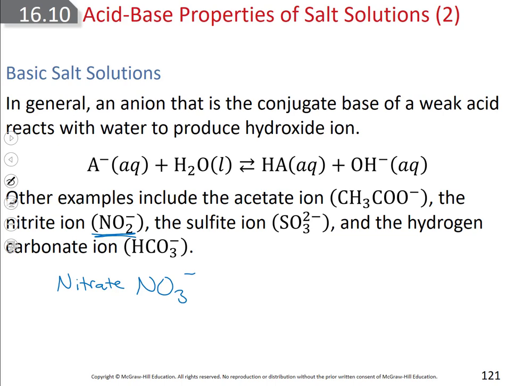Why would nitrite make a basic salt solution, but nitrate not make a basic salt solution? What's the big difference here? Yeah, well, sulfite has 3 oxygens, so what's the big difference? Sulfite affected it.